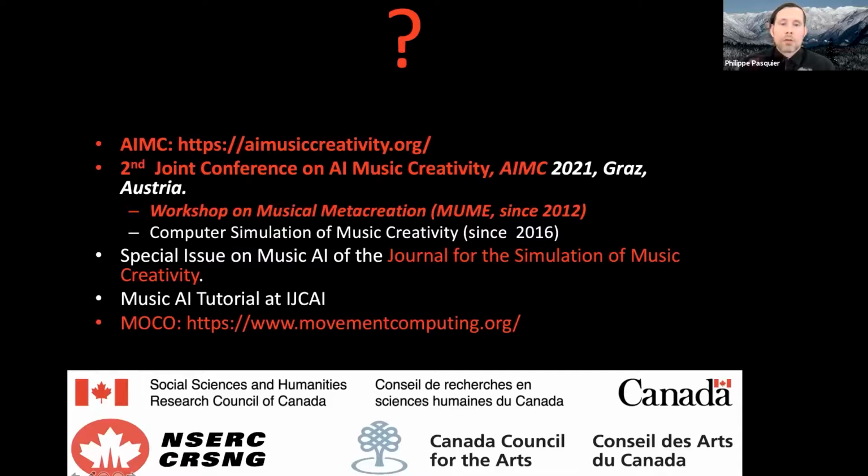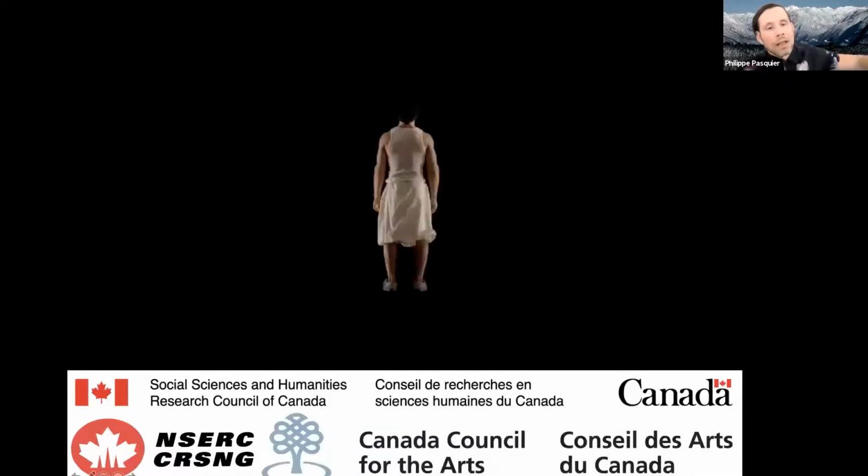And for those interested in movement generation, I also point to the MoCo community, the movement computing community, which focuses on the perception, generation, and manipulation of movement information. So with that being said, I think I'm reaching my time.